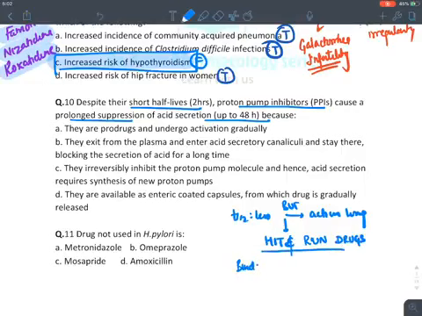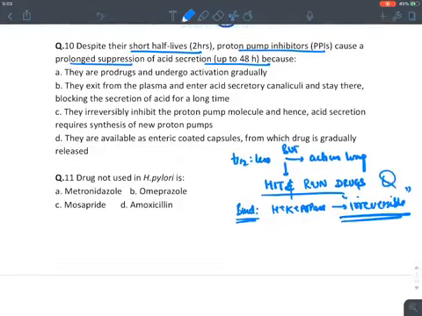Because they bind to their target, like H plus K plus ATPase, in an irreversible fashion. They bind to this pump irreversibly, and this pump becomes permanently dead. It cannot function, and to synthesize a new pump at least 2 to 5 days are required.